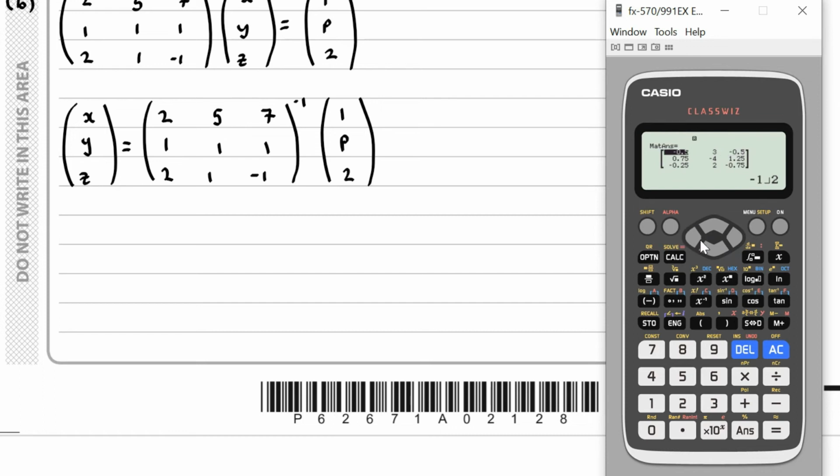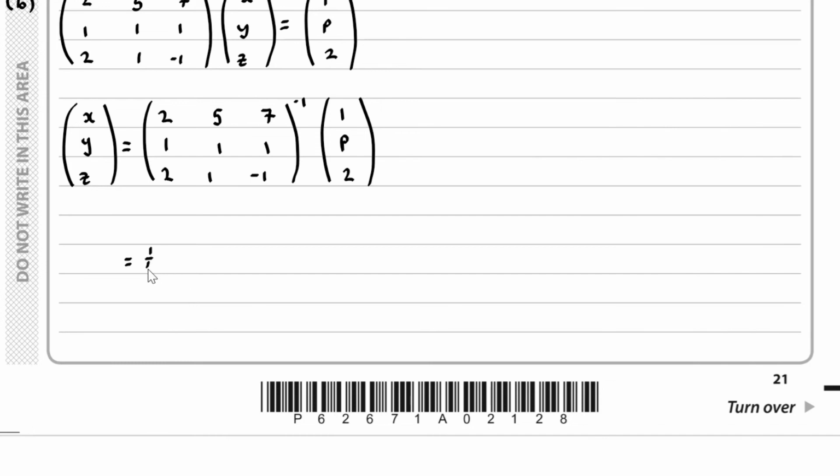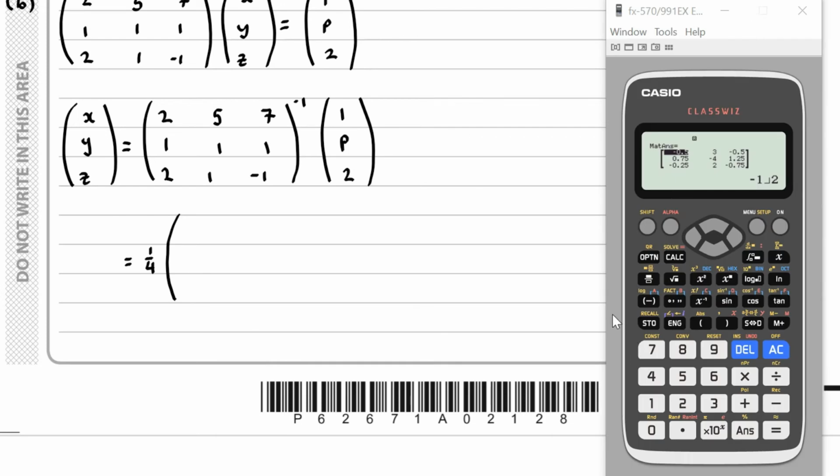So what I'm going to do is take out the 1/4 on the outside. So we've got 1/4 lots of, well, here we're going to have minus 2, 12, minus 2, 3, minus 16, 5, minus 1, 8, and minus 3.